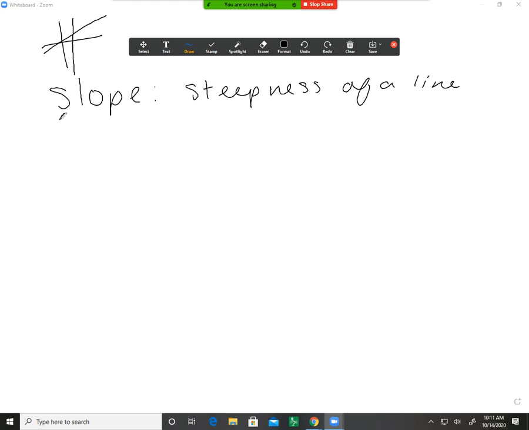For slope, the variable we always use is m. Slope is the change in y between 2 points over the change in x between 2 points.